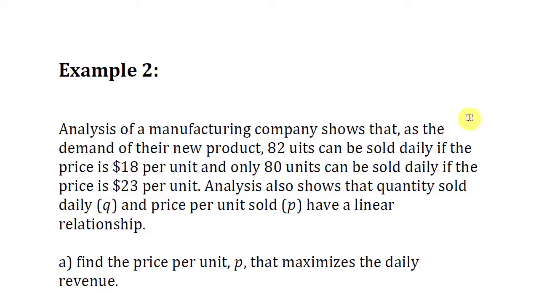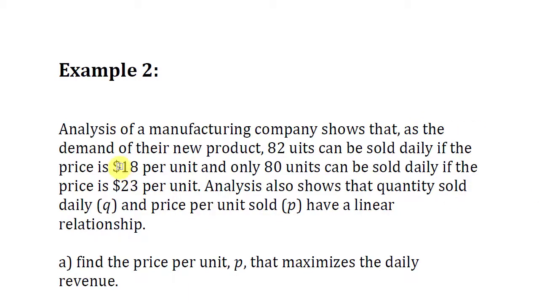All right, let's get ourselves into example 2, showing us how to model a business problem using a quadratic function. I designed this problem to be a little more challenging, and after looking through it, you're going to see many business concepts circulating in this one problem.